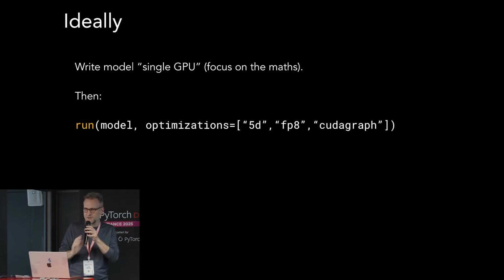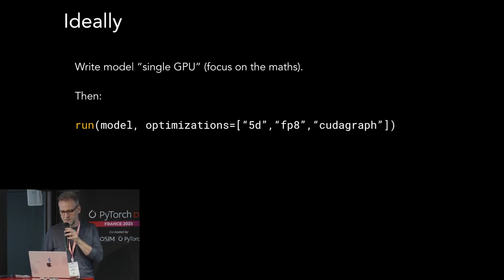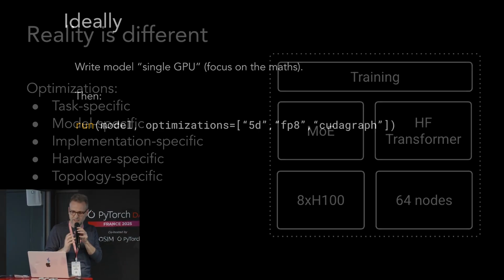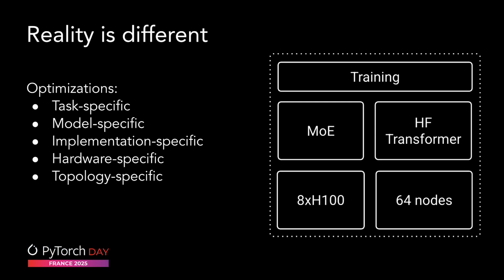Right now, it's a lot harder to just call a function and do it, because not only do these optimizations enter your model, but the kind of optimization you want to do is task-specific: train or inference; model-specific: is it an MOE; implementation-specific: am I running on a Hugging Face transformer or Nanotron? Things change, you need to enter it. And then what hardware I'm running on, and what is the topology.